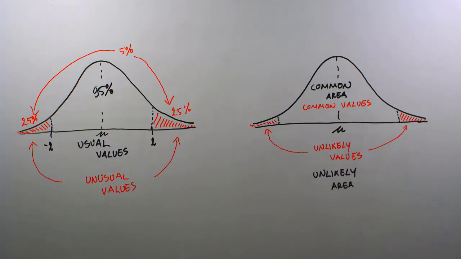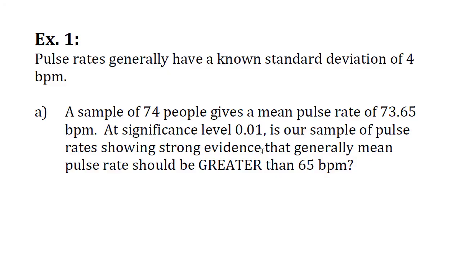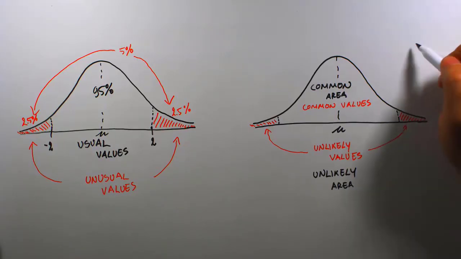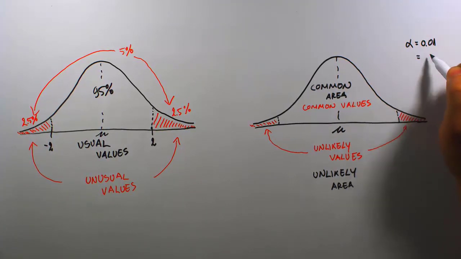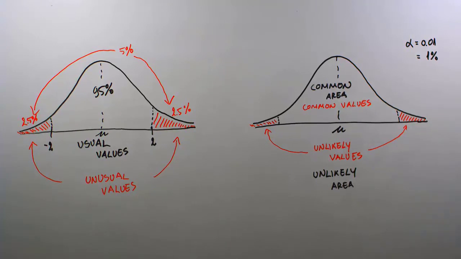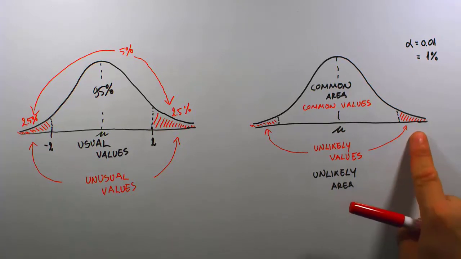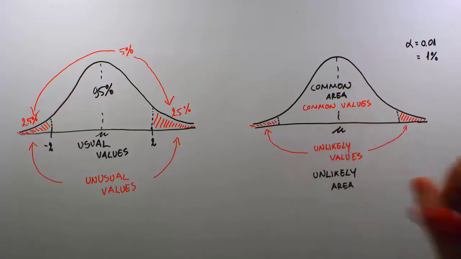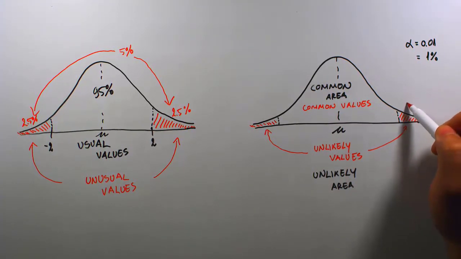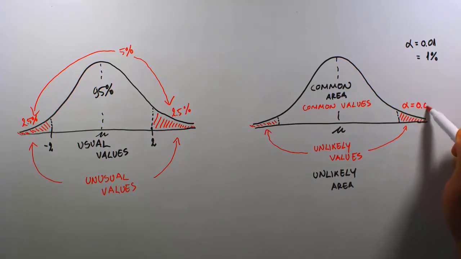And now, specifically in our hypothesis testing problem in example 1, part A, looking at our computer screen here, we have a significance level given to be 0.01. So our alpha equals 0.01 or 1%. But that means this right tail, the little tail outside of our common area value right here, is as big as 0.01.